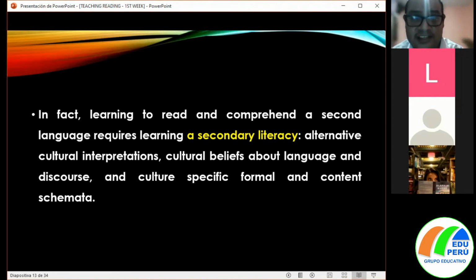Formal schemata is related to, what is it related to? The formal schemata? What is the formal schemata? Tell me. Don't be afraid.